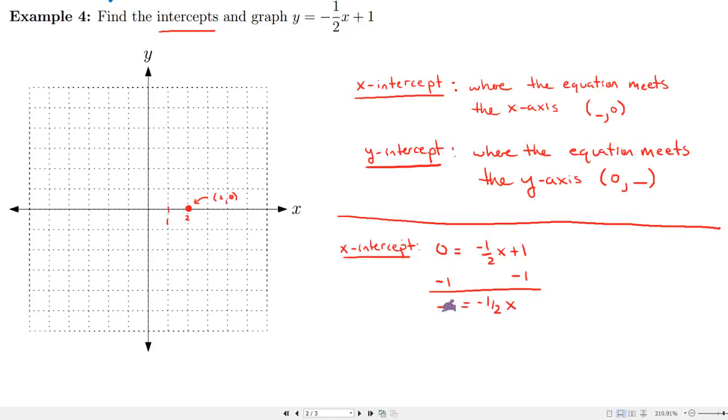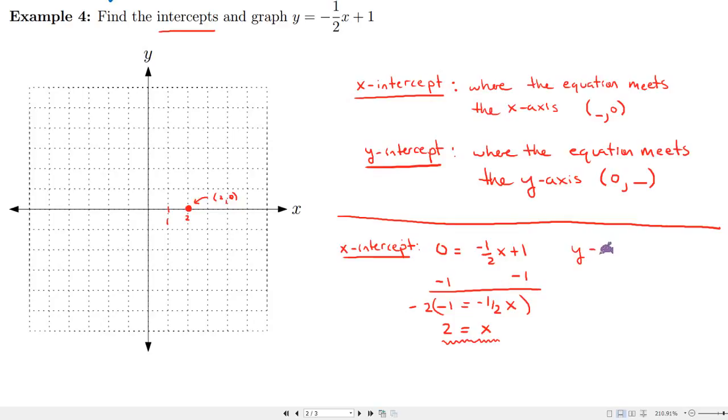And then now what are you going to do? Well, I mean, you could divide, but you could also multiply both sides by -2. And so we'll have 2 equals x, since -2 times -1/2 gives us 1 x. So that's our x-intercept.